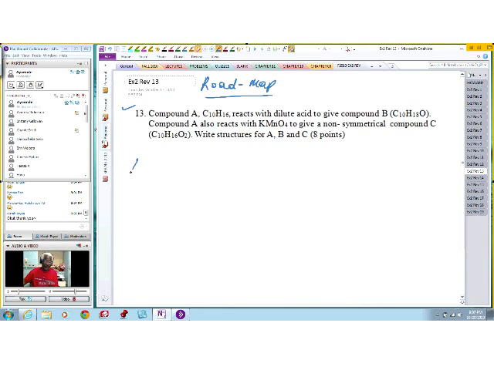We have compound A. The molecular formula is C10H16. So this is another case in which you want to use your index of hydrogen deficiency, IHD, equals carbon minus H/2 minus halogen over 2 plus nitrogen over 2 plus 1.